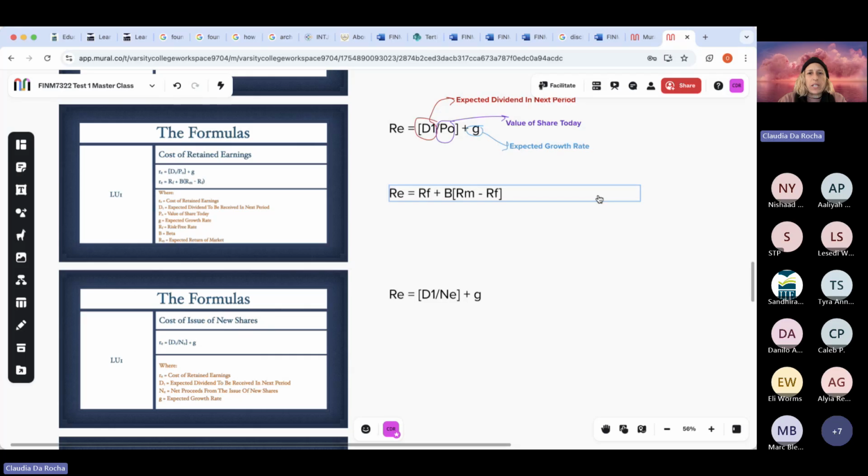And then remember with our expected growth rate, we have a particular formula that we would have learned in 3A with the growth rate. So I'm just going to show that.